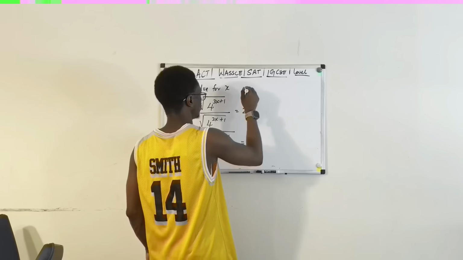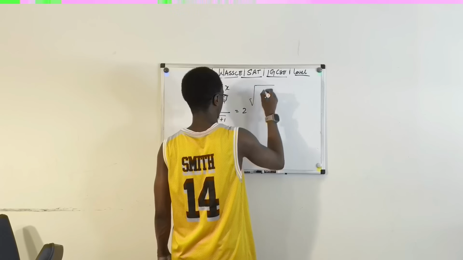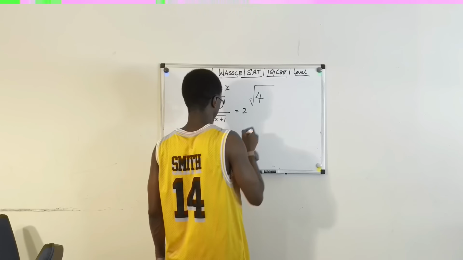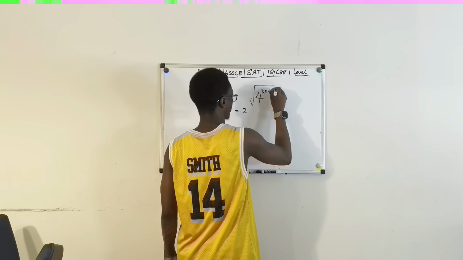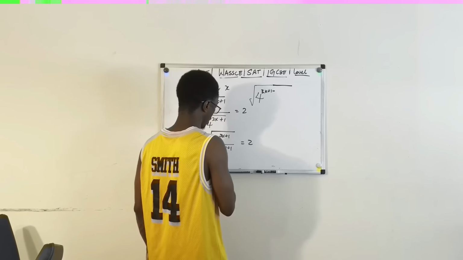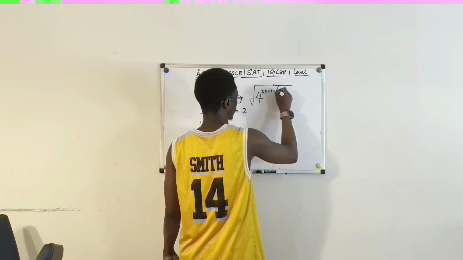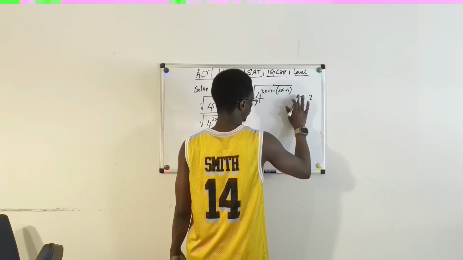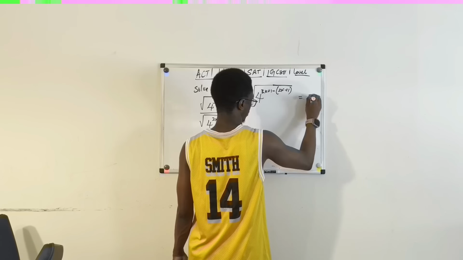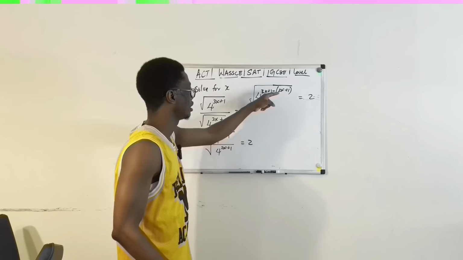Easy. So this becomes square root. Then you have 4. We take 1. Then you have 3x here plus 1 minus. Now you bring these two. So you open a bracket, you say 2x plus 1. You close bracket. Everything equals to 2. Easy. Okay? Now let's deal with this.